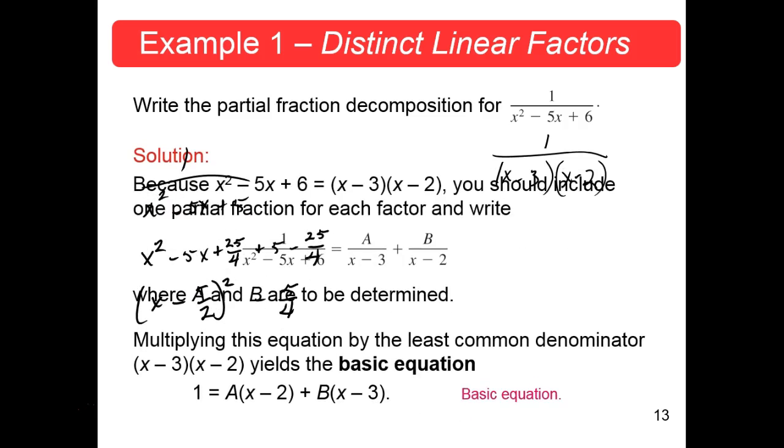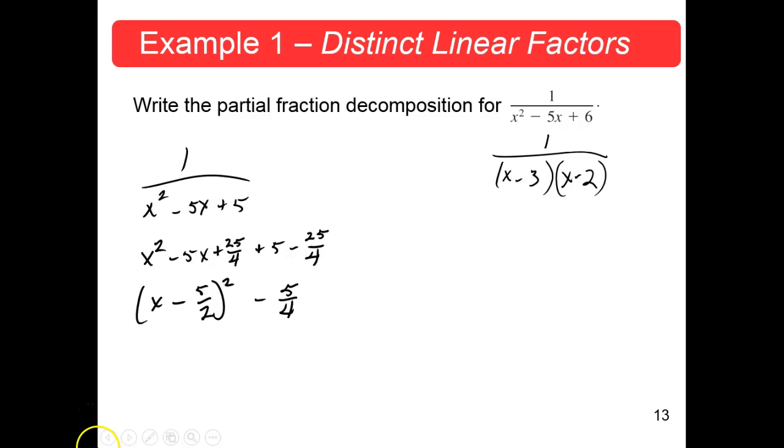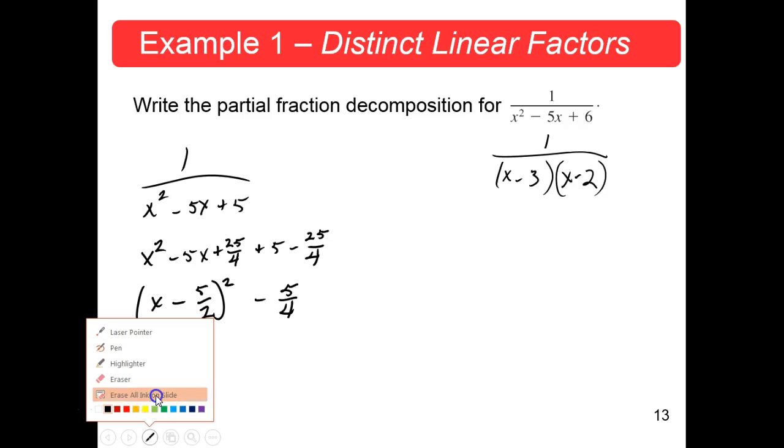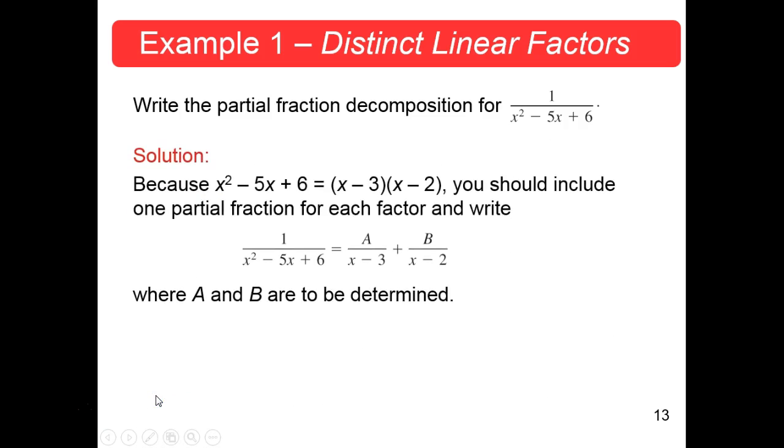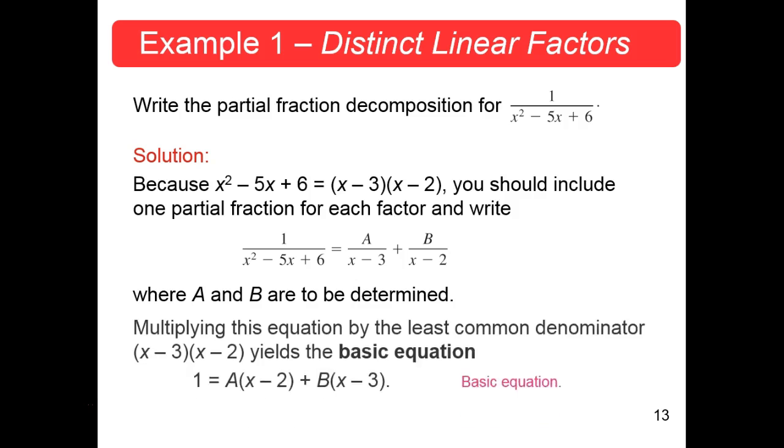Well, wait. Let's see. I worked it through. Let's erase all this. We'll just do a quick talk through of what we did. Okay? You factor the denominator, and then you got a over x minus 3 plus b over x minus 2, just like you were suggesting. A and b are to be determined.